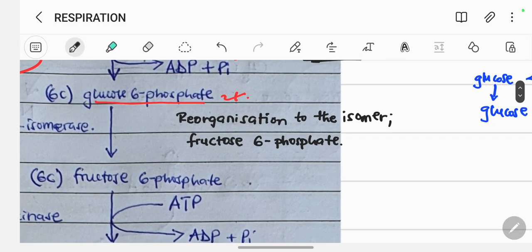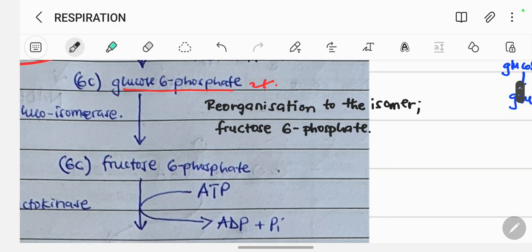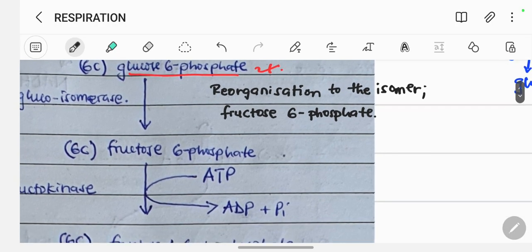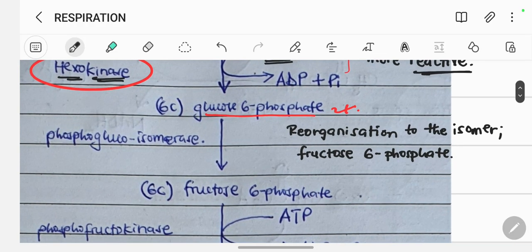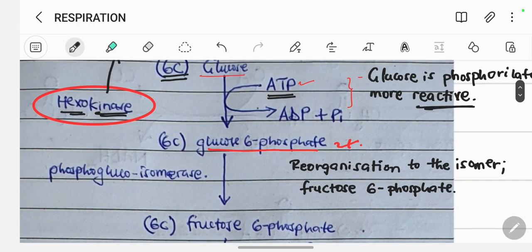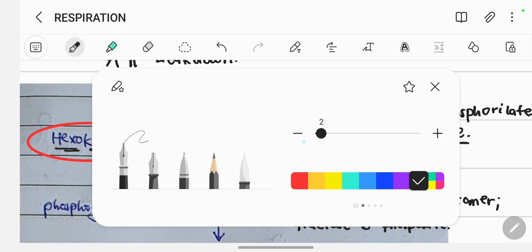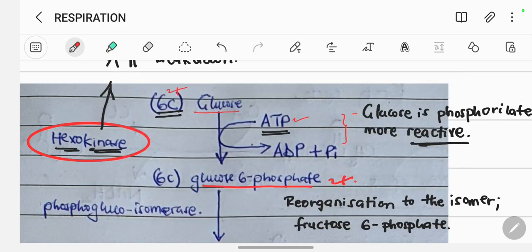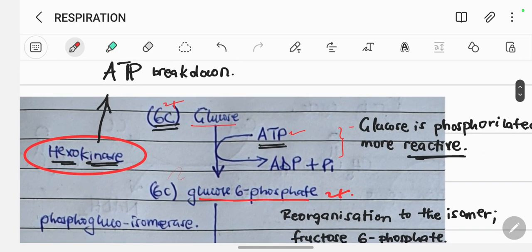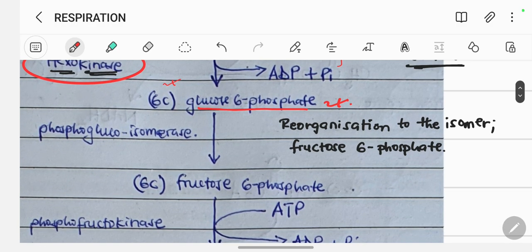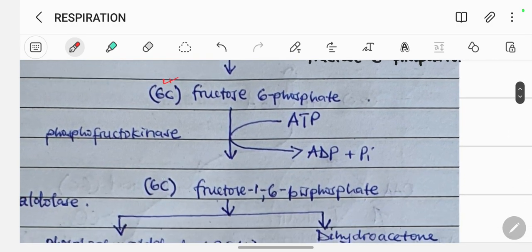Now, after forming our fructose 6-phosphate, remember, these ones are 6 carbon compounds. You will get this after observing that we have 1, 2, 3, and 4 in glycolysis.